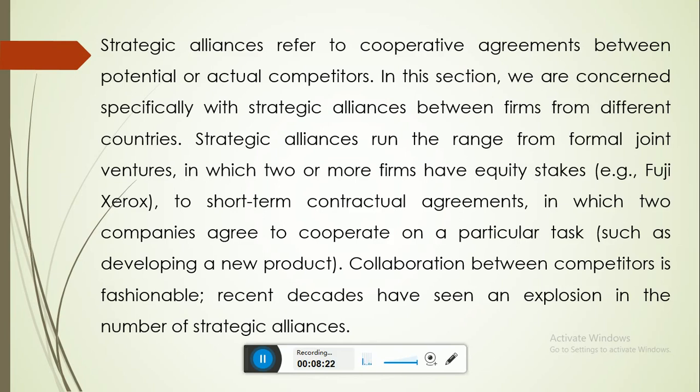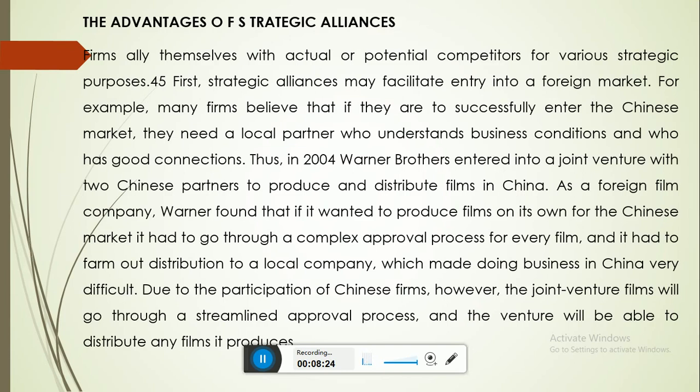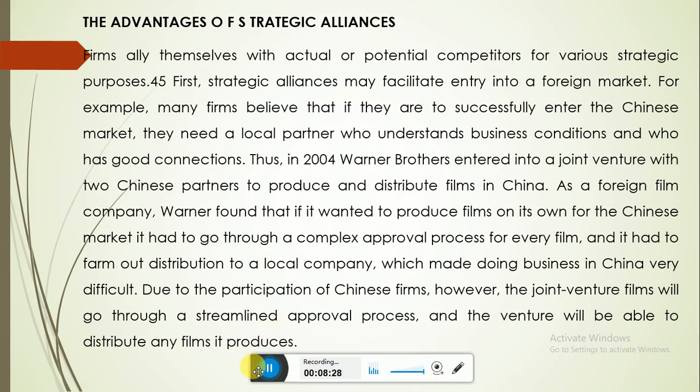That's called a strategic alliance. There are a number of advantages that writers have discussed. I have collected four major advantages of strategic alliances.